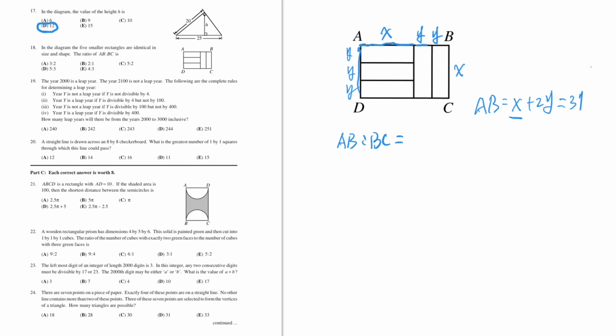So 3y plus 2y is 5y. So AB is 5y, to BC, that's x. We already know x equals 3y. So simplify, 5 to 3. So the answer is D.